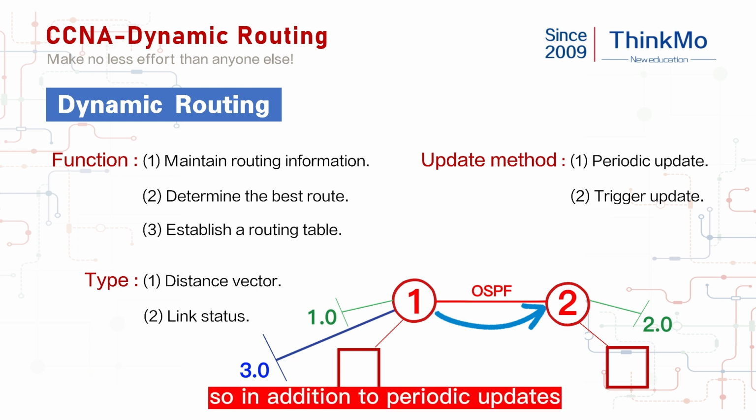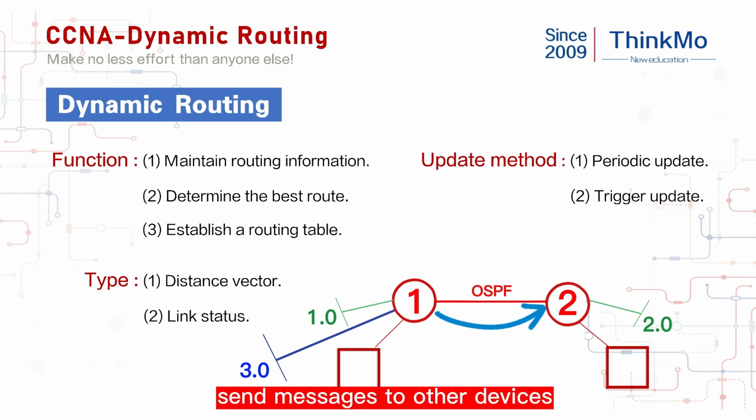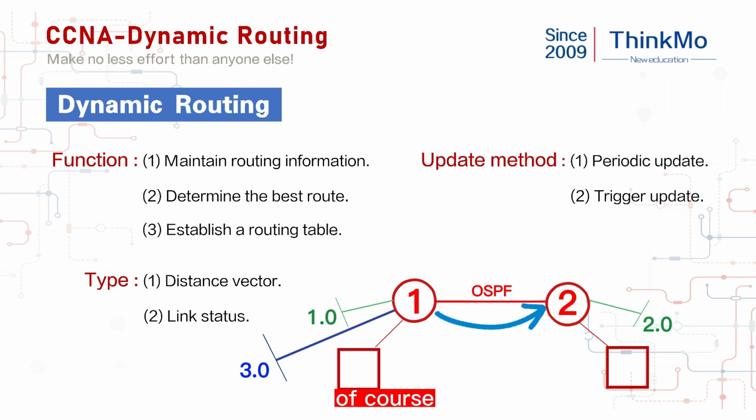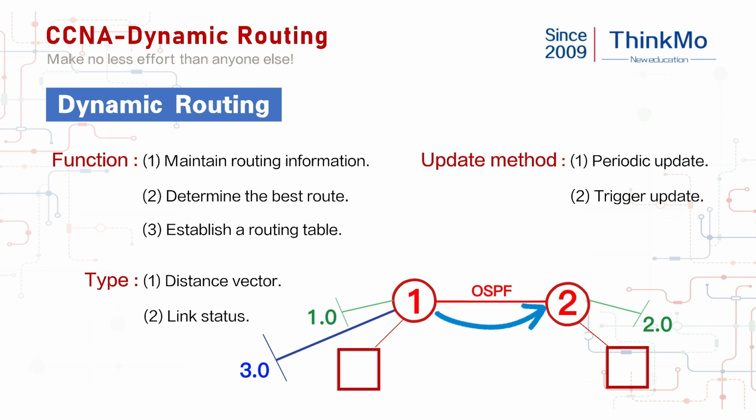So in addition to periodic updates, it also has another way to update: triggered update. The two run in parallel. With triggered update, OSPF will also send messages to other devices. Of course, it is not sent directly to the device; it uses a multicast method.